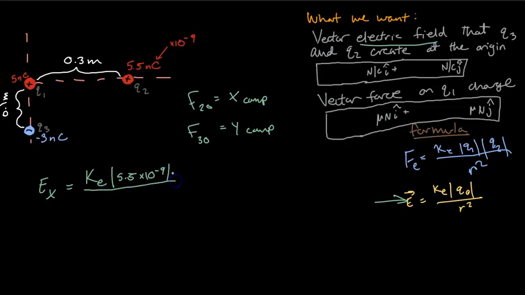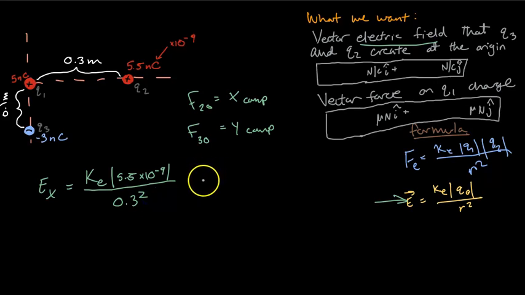And then it's divided by r, and r is the distance between the point and the charge, and we have it in meters, so that's perfect. We have 0.3, and then we square it.